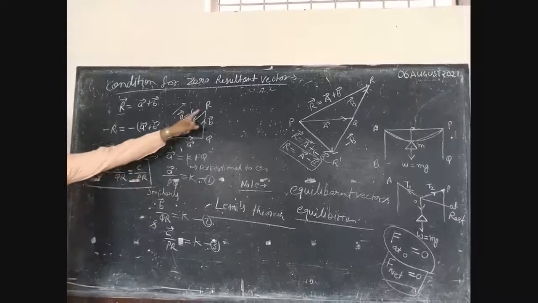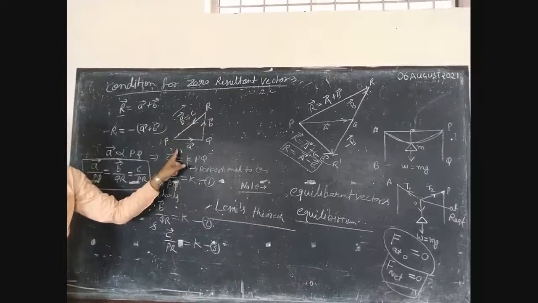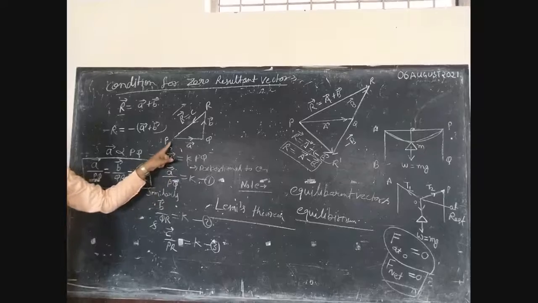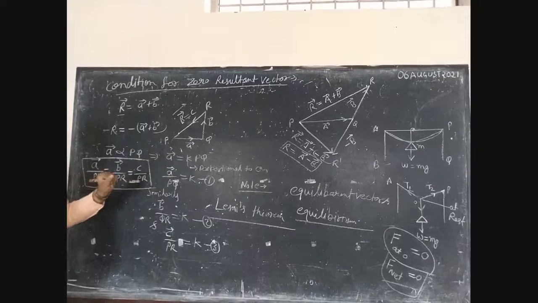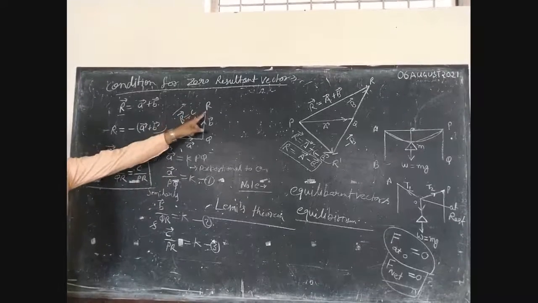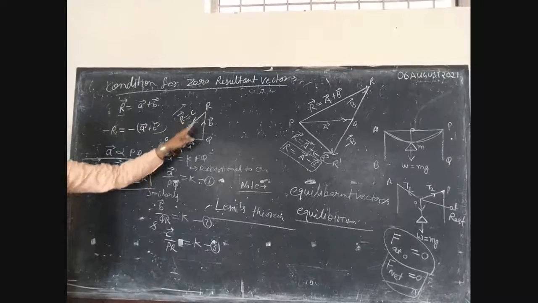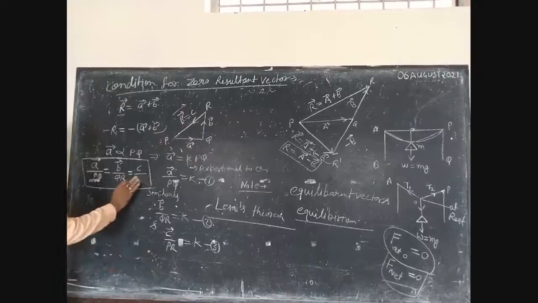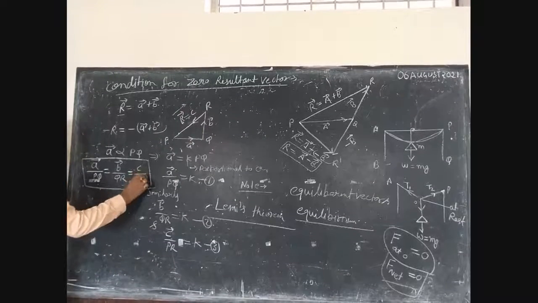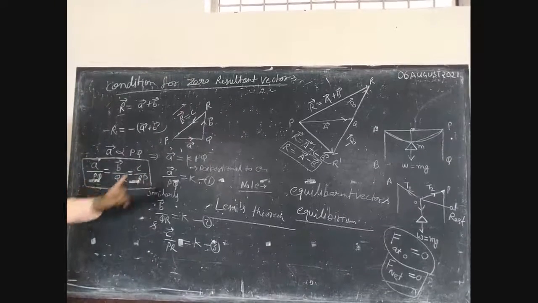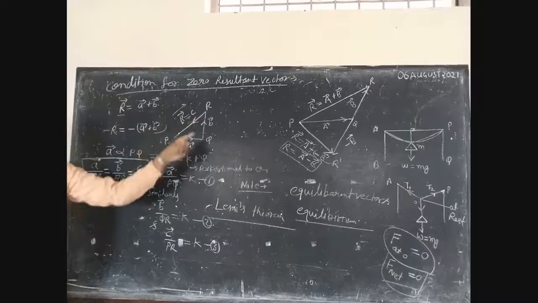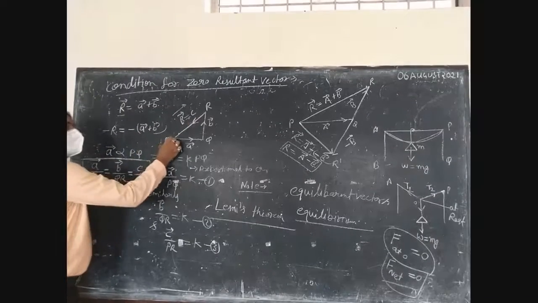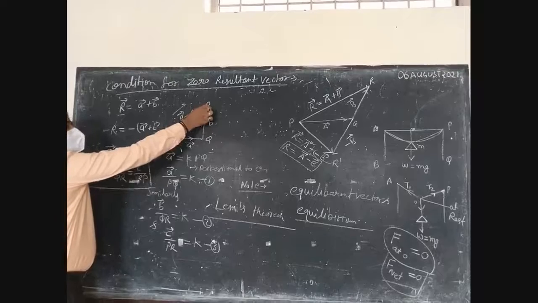If we take here RP, then we discuss in the same direction. Use RP only, because we get this result for the same direction. So we are moving in PQ, QR and RP.